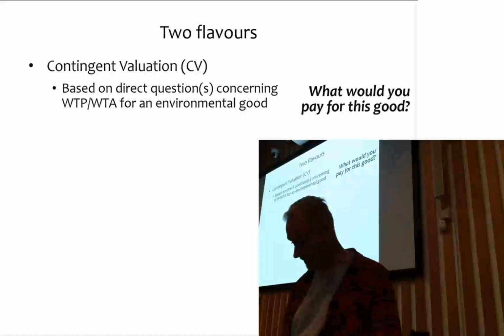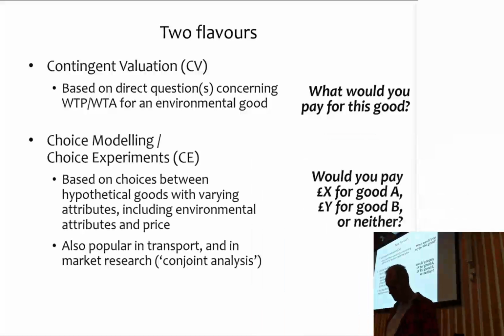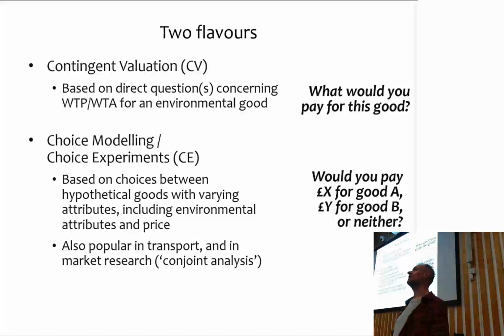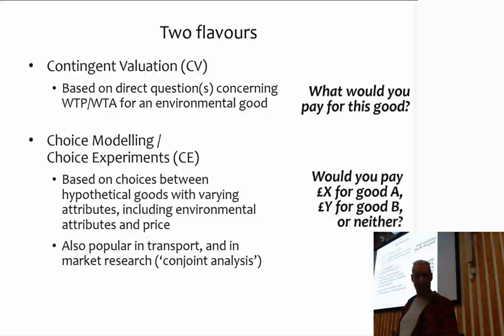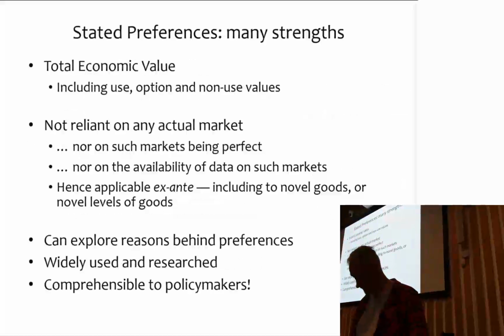And then there is contingent choice, also known as choice modeling, also known as choice experiments, where you give people options to choose from. There you ask the question, would you pay X for good A, Y for good B, or would you rather go home empty-handed and not buy anything? So those are the two basic methods.